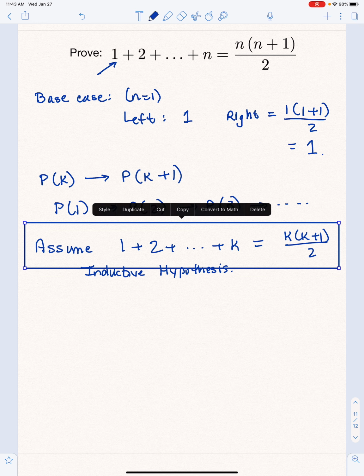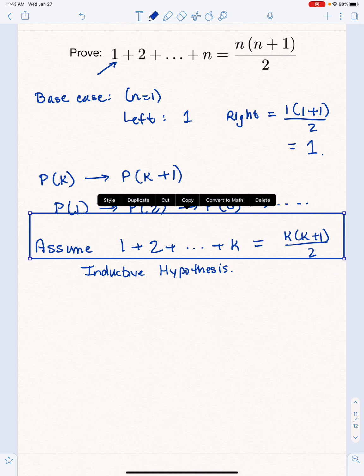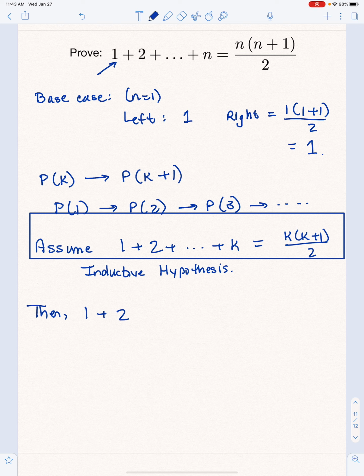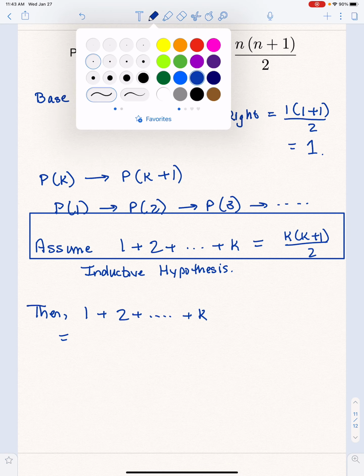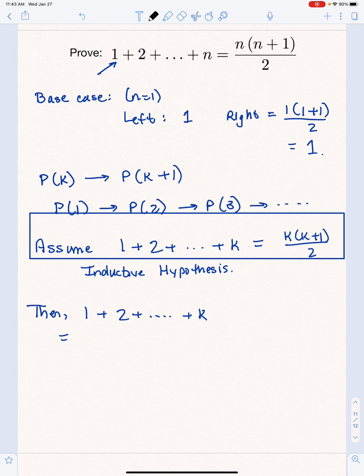So here's what we do. We're going to write 1 plus 2 plus many more plus k is equal to. Now, part of the success in proving by induction is knowing what you're going toward. So basically, if I replace k with k plus 1, the goal is to get k plus 1 times k plus 2 over 2 on the right-hand side.